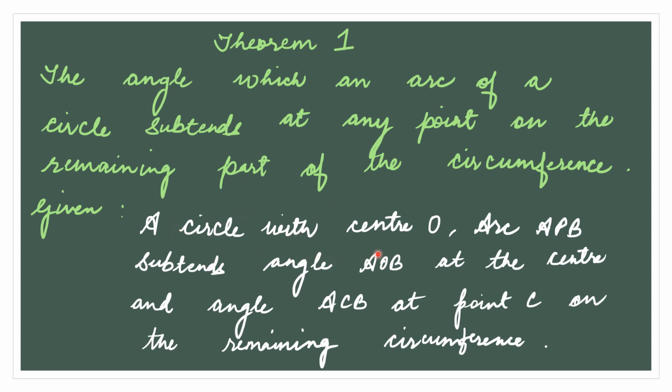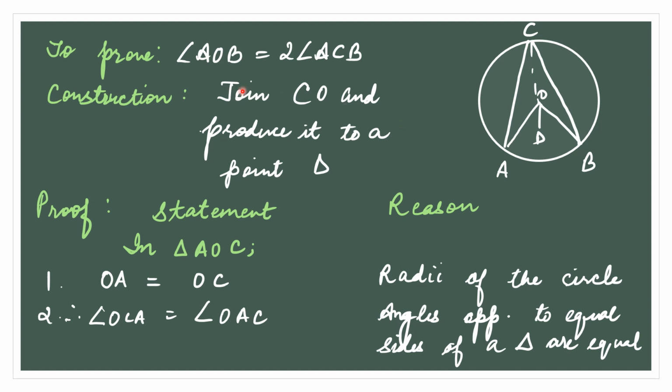There is a circle with center O, an arc APB which subtends an angle AOB at the center, and angle ACB at the point C on the remaining circumference. We have to prove that angle AOB is equal to 2 times angle ACB.